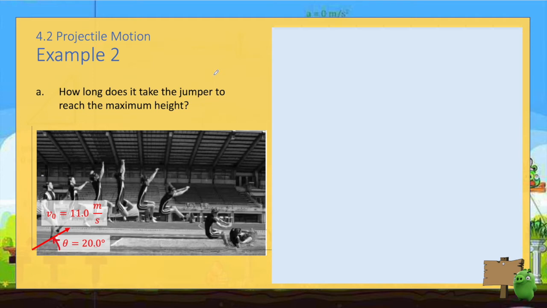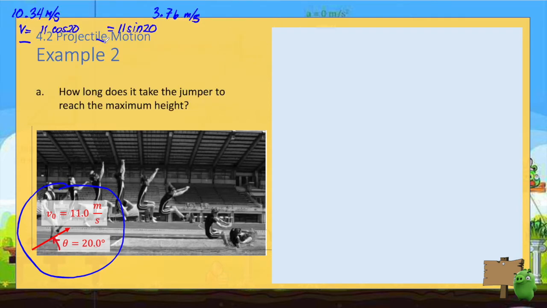Now, in this case, what we will do is we first get the velocity along x and the velocity along y. So we have this given. So we compute first for the velocity along x. The velocity along x is just 11 cosine 20. And the velocity along y is 11 sine 20.